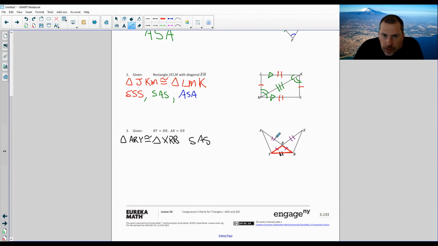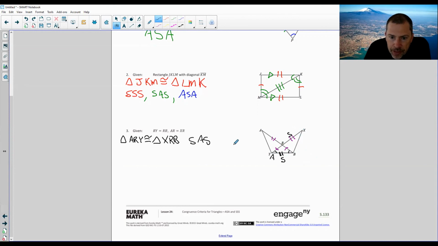Well, if those two sides are congruent, then this base angle is equal to this base angle. So now I have this side here congruent to this side here, that's a side. I have this base angle down here congruent to this base angle down here, that's an angle. And then I have this side congruent to itself by the reflexive property, so that is SAS as well.